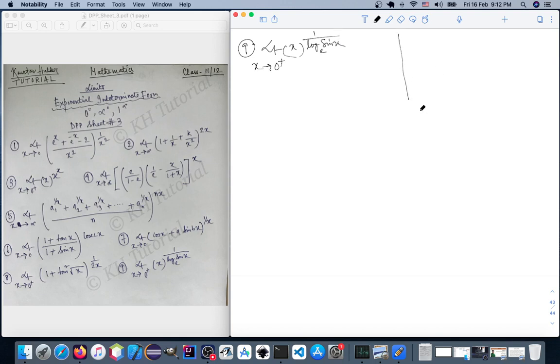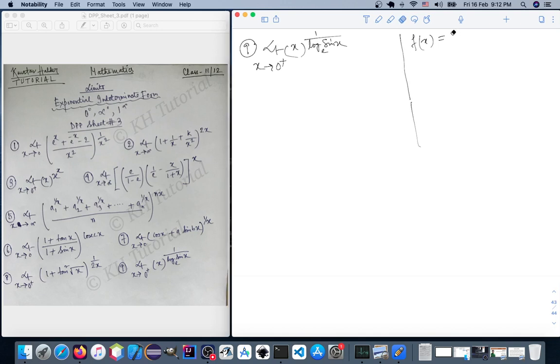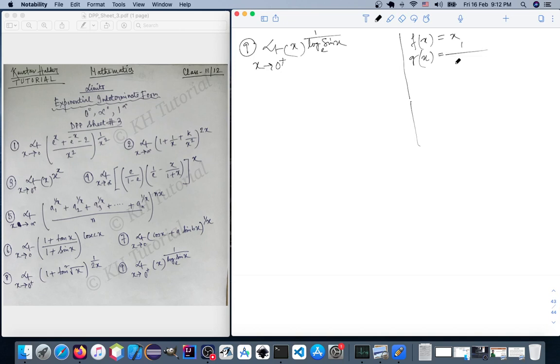So we have f(x) equals x, g(x) equals 1 by log e sin of x.